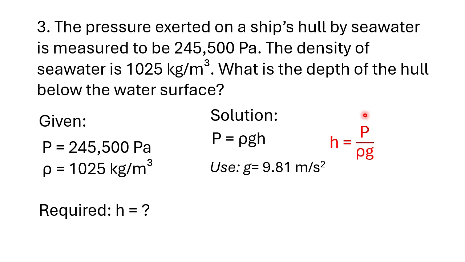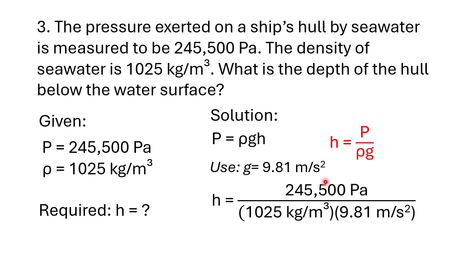Using this new equation, we will now substitute all our given information. Pressure is 245,500 pascals. Density is 1,025 kilograms per cubic meter. And gravity is 9.81 meters per second squared.